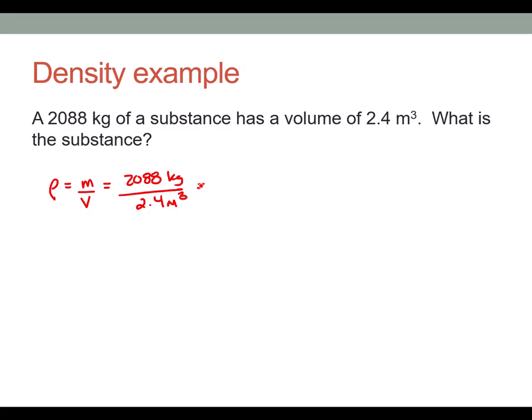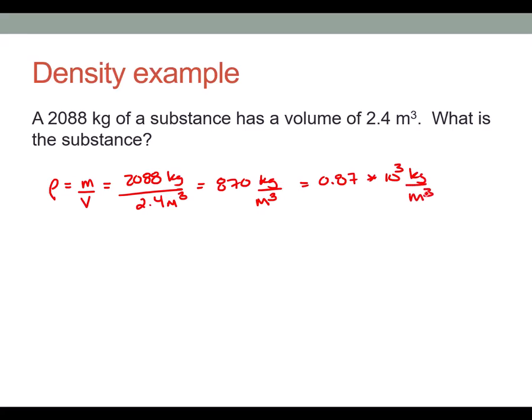Okay, so we take 2088 kilograms and divide by 2.4 meters cubed, and that gives us a density of 870 kilograms per meter cubed. But remember that table we saw is in these units, it's often written times 10 to the third kilogram per meter cubed.